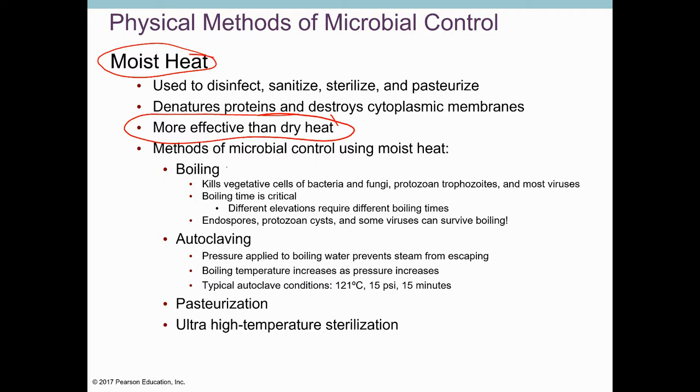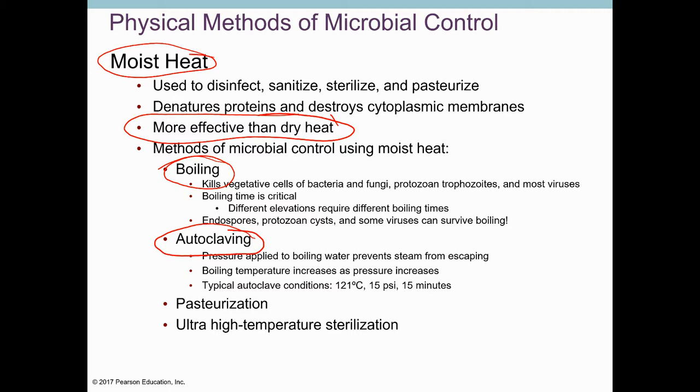The things that are considered moist heat, you're probably familiar with the term boiling. You may be familiar with the term autoclaving. Autoclave is the machine. We have one in the prep area of our lab, and that's how we sterilize media. It's how we sterilize test tubes, how we sterilize anything that needs to be sterilized, we typically put in the autoclave.